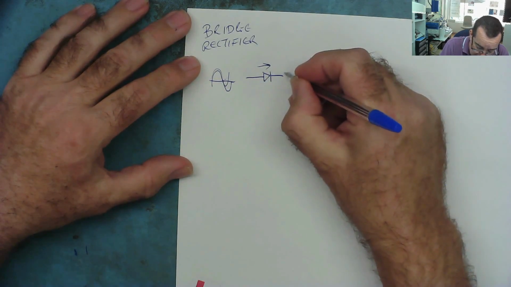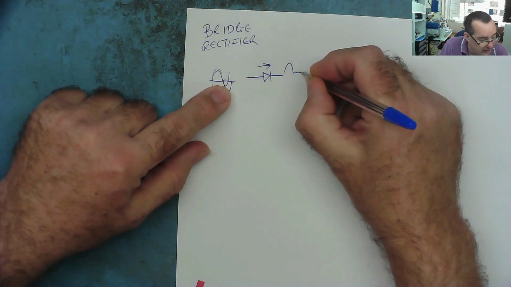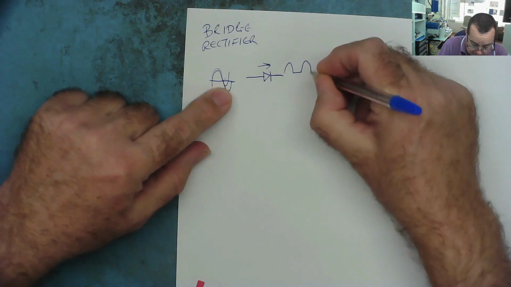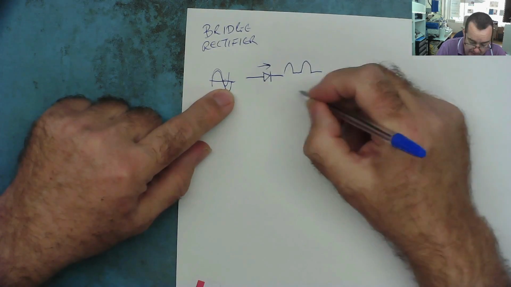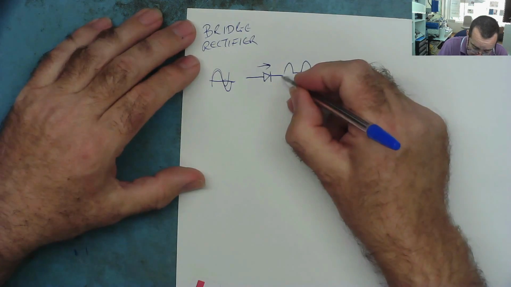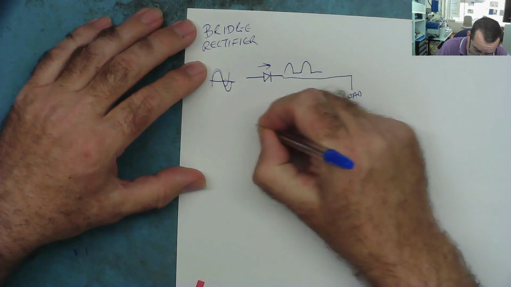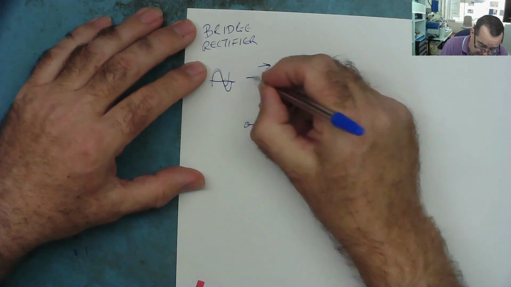So coming out through the diode basically is a positive half cycle, then nothing during the negative half cycle, then the next positive half cycle and nothing, and so on. So here you get a pulsed DC signal, and this can then go into your load circuit and back to the other side of the AC.